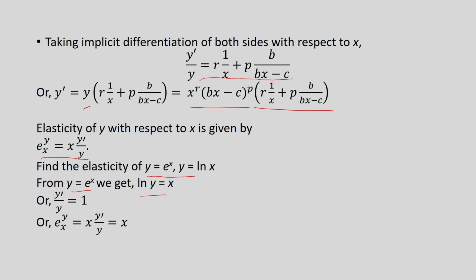Through implicit differentiation, I will get y dash by y is equal to 1. I know the formula of elasticity is E y x is equal to x multiplied by y dash by y, and y dash by y is equal to 1. So, this becomes simply x. So, elasticity is equal to x for this first function.